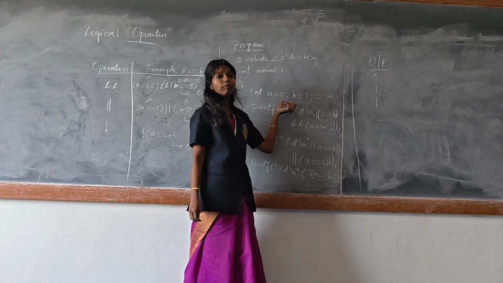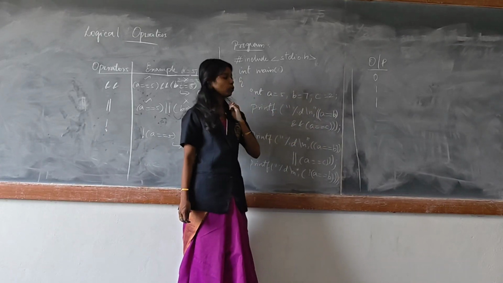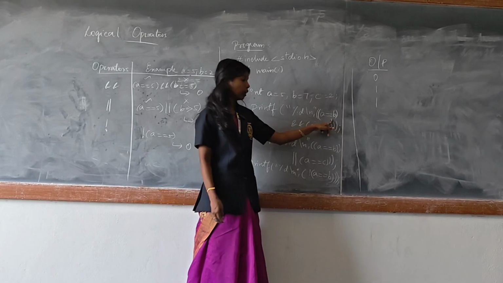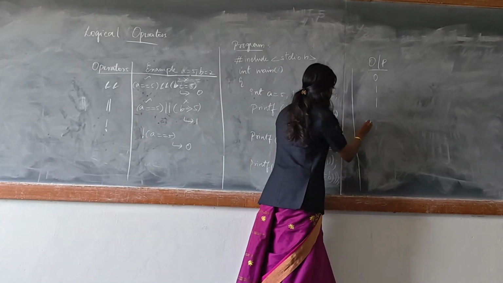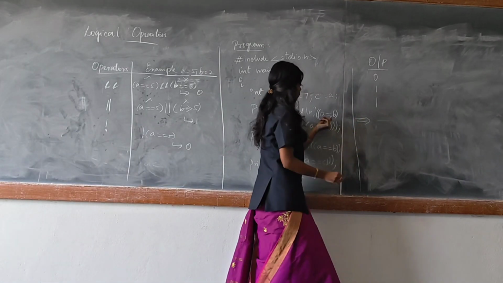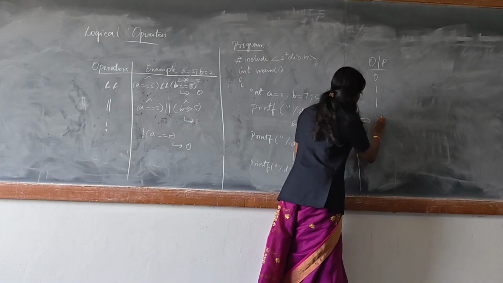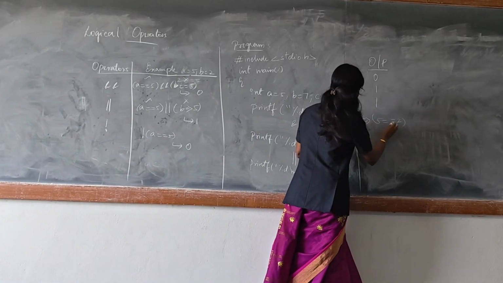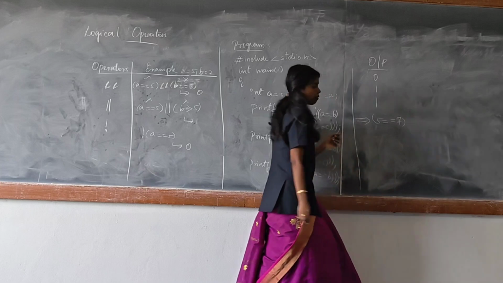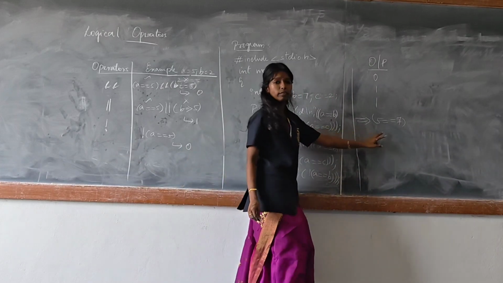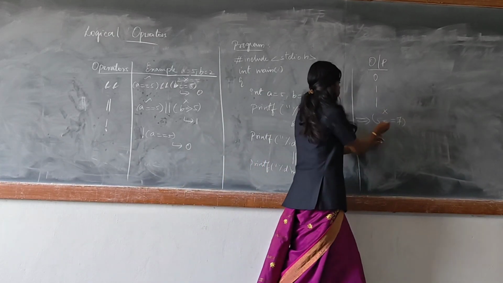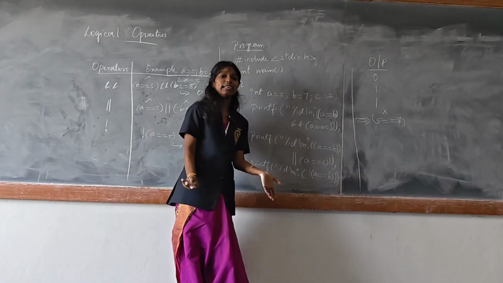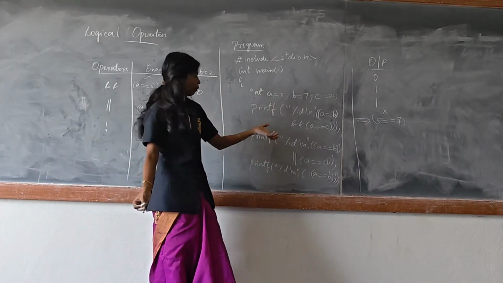The a value is 5 and the b value is 7. So 5 equal to 7, the condition is false, right? So the first condition is false. When the first condition is false, we get the output as 0 only.